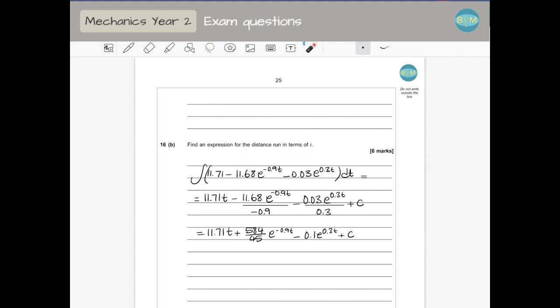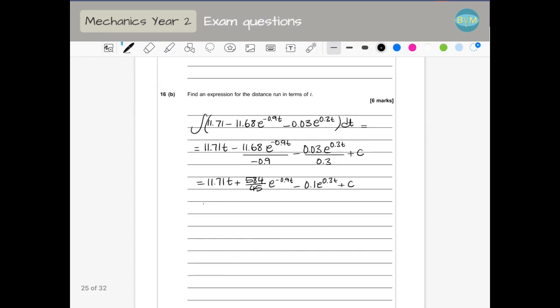Expression for the distance. So this is the expression, but I am able to find this constant because I know that at the beginning of the race, so when t is 0, the athlete is not running, so the velocity is 0, so I can find the constant of integration using that.